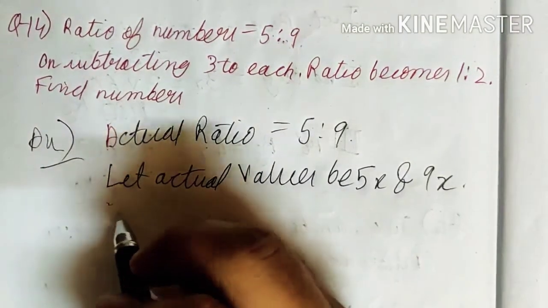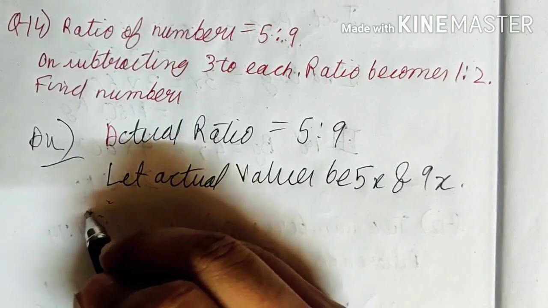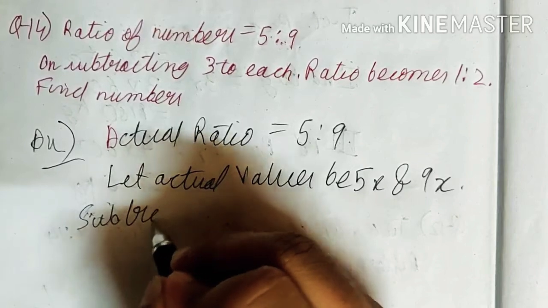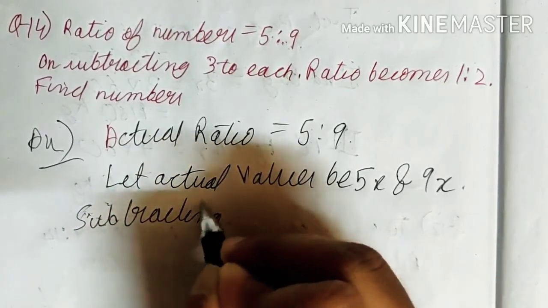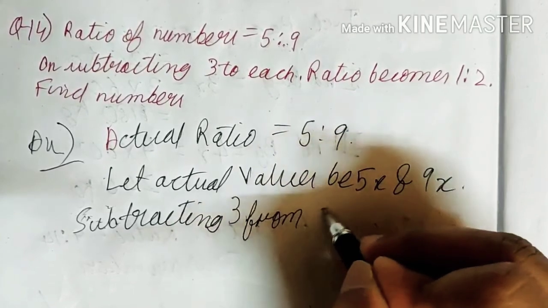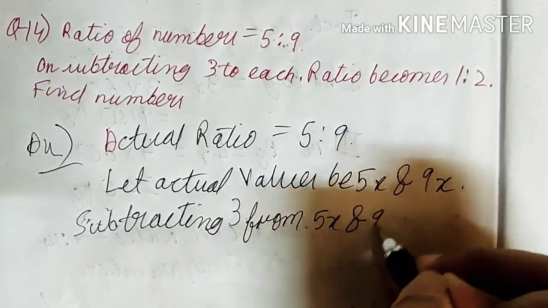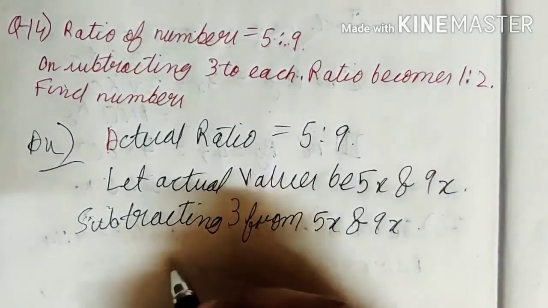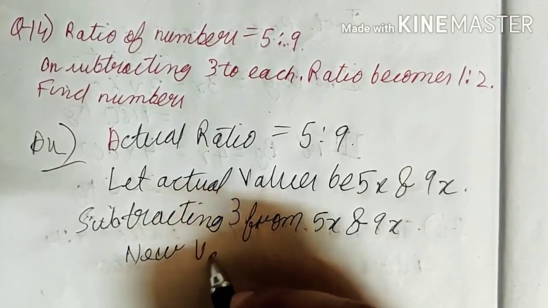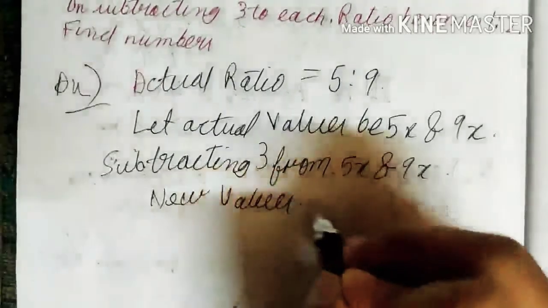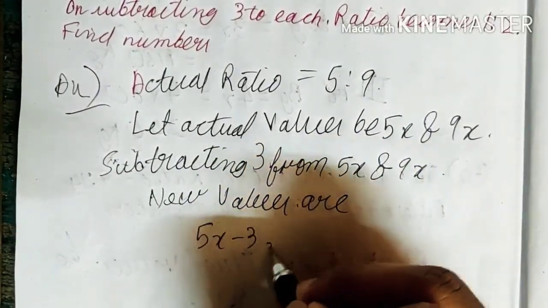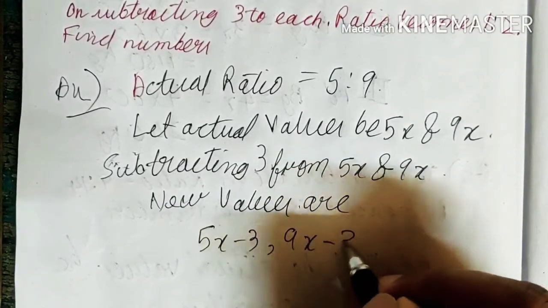That is, subtracting 3 from 5x and 9x, the new values are 5x minus 3 and 9x minus 3.